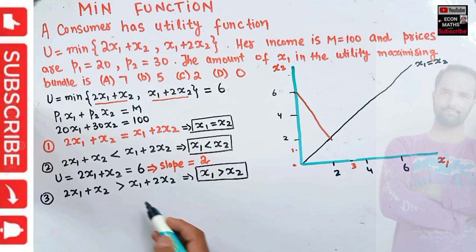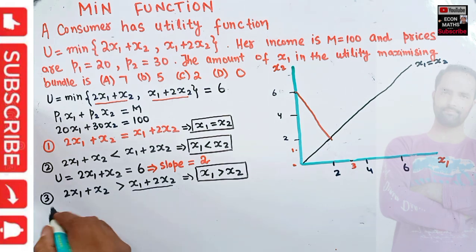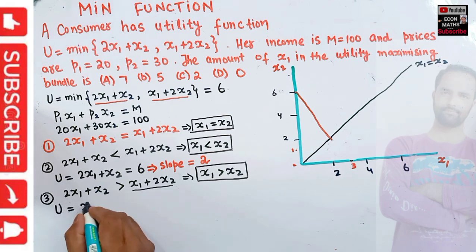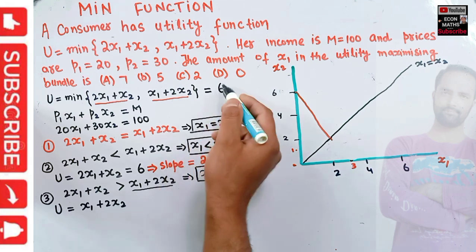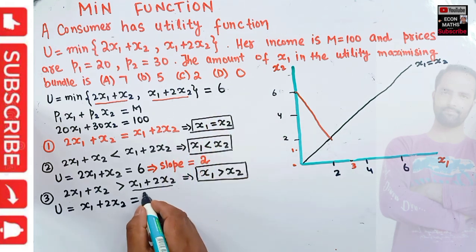If this is the case, obviously this argument is less than this argument. That means our utility will be equal to x1 plus 2x2, and we have fixed the utility level of 6 here.